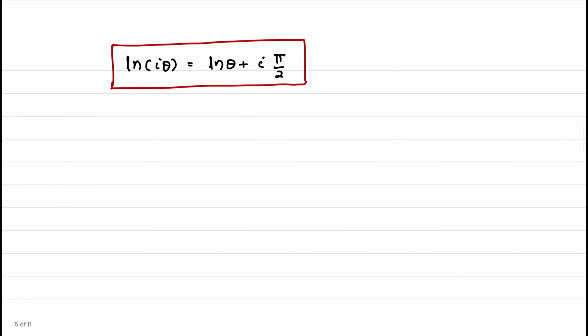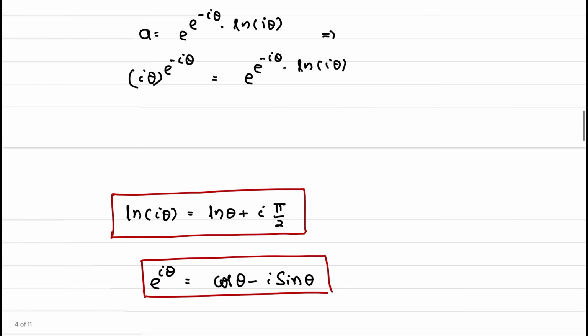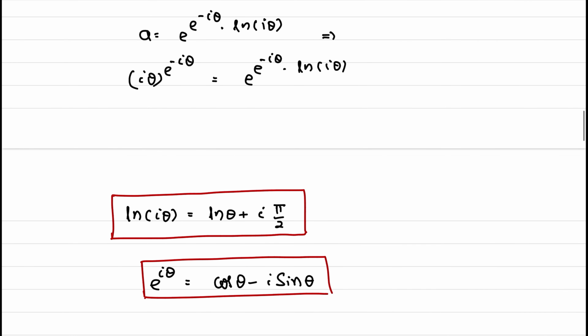Now, what is e to the power of i theta? We know very well from Euler's formula, e to the power of i theta is equal to cos theta plus i sin theta, so e to the power of minus i theta is cos theta minus i sin theta. This is also, please remember. Now substitute these values in this.